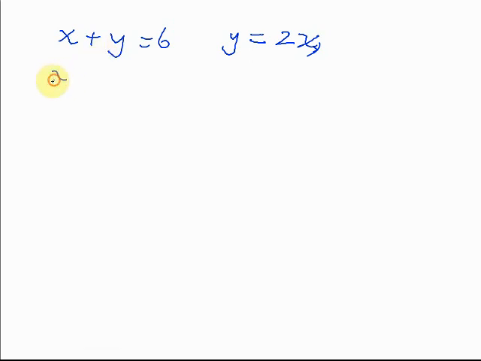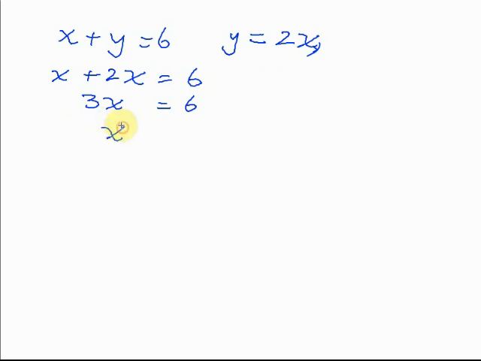So what we can do is say x plus, instead of y, we now write 2x. x plus 2x is equal to 6. What's 1x plus another 2x's? Well, that is 3x is equal to 6. And if 3x is equal to 6, we divide 3 into each side.